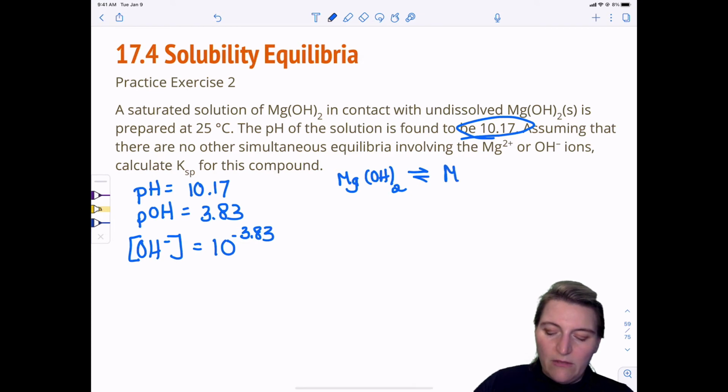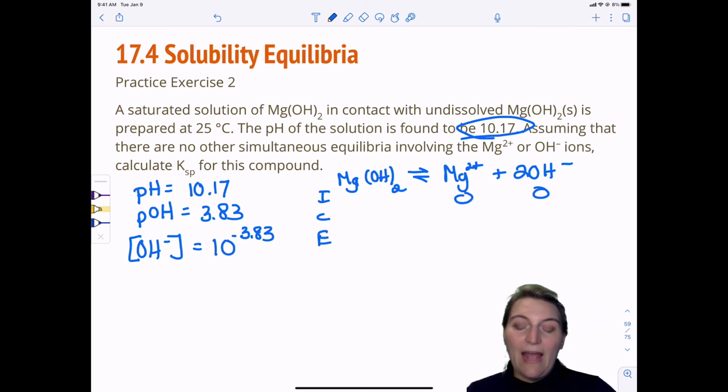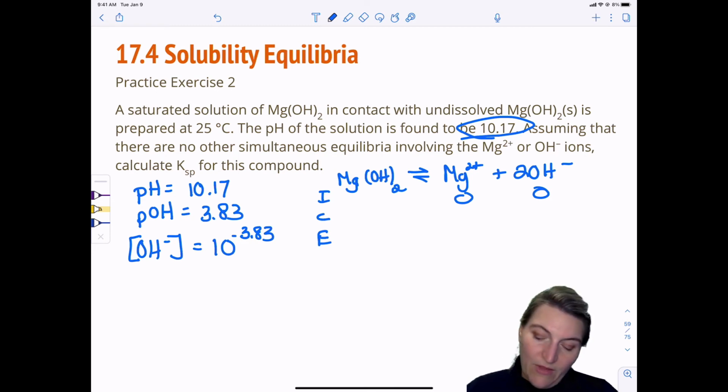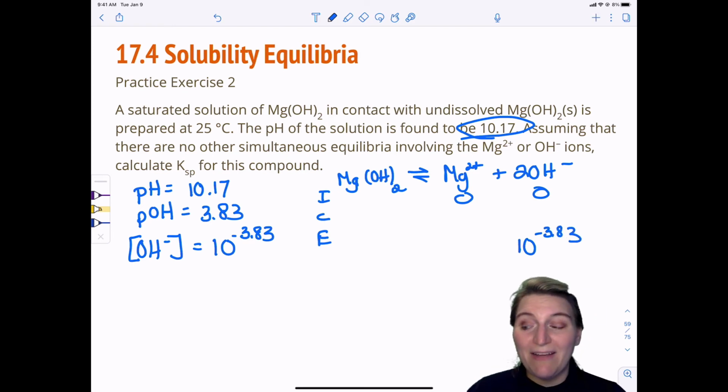So here is the balanced chemical equation. These guys both started at 0, but I know that at equilibrium, the OH- concentration is 10 to the -3.83. And then I can plug that in my calculator to get an actual answer.